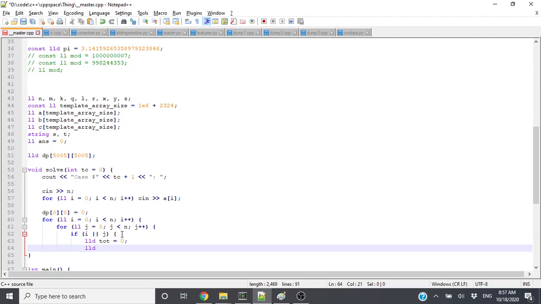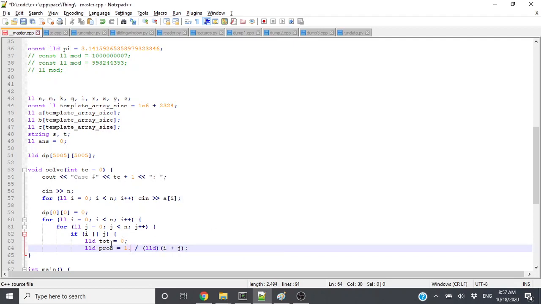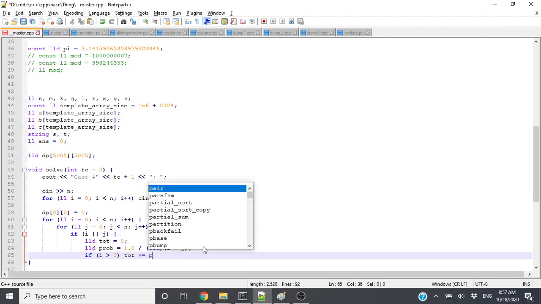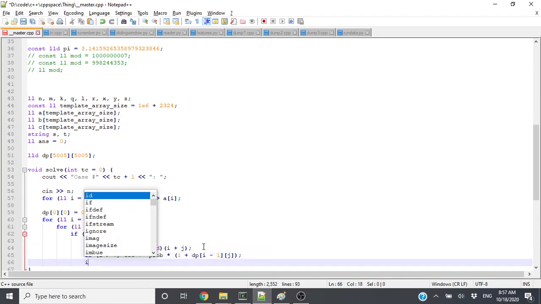So next, prob equals 1 over i plus j. Not 1.0. Then if i is greater than 0, tot plus equals prob times 1 plus DP i minus 1, j. Same thing for j.